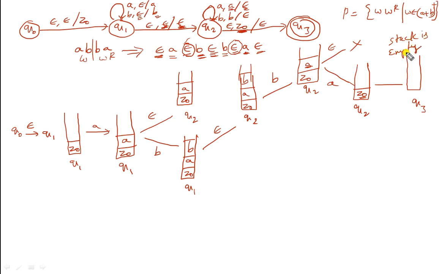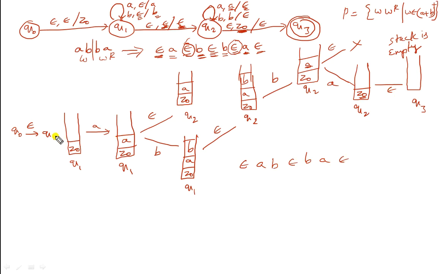Whenever the stack is empty, we can say that the string is accepted. So by following which path is the particular string accepted? Epsilon A, B, epsilon B, A, and this one is epsilon.